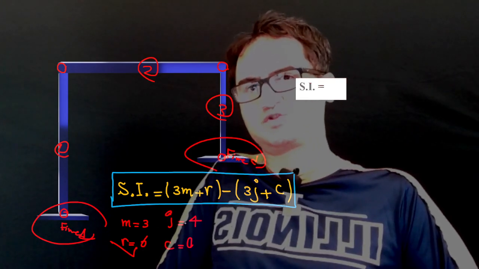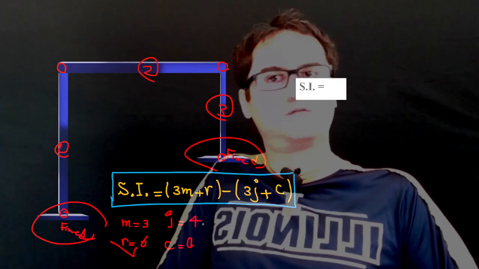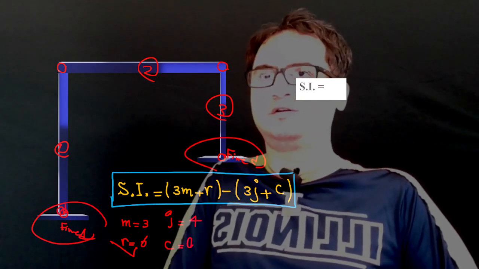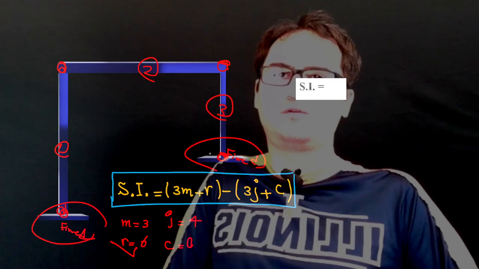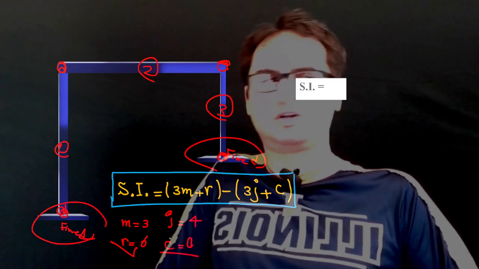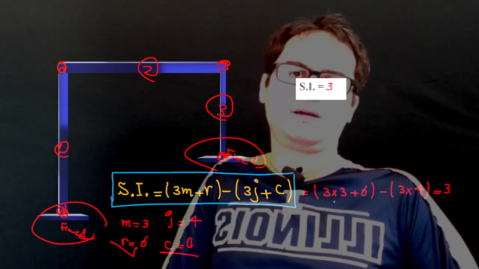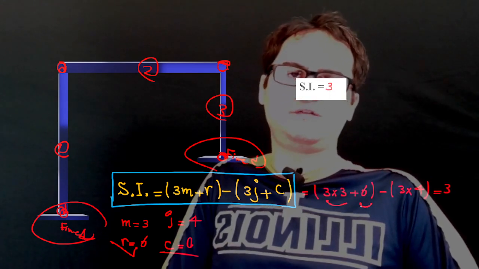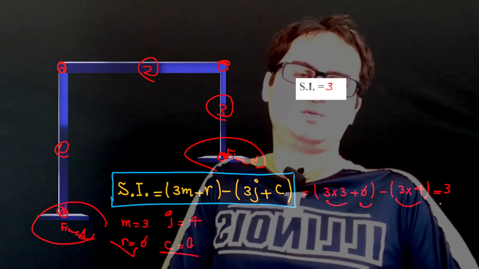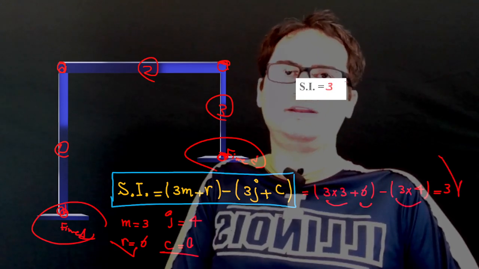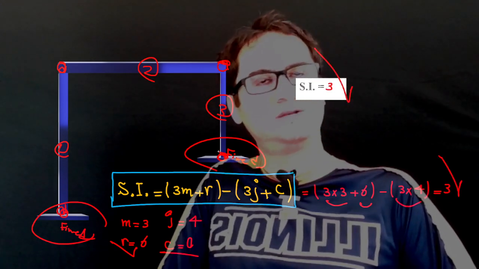J, the number of joints, is equal to 4. And special condition, we don't have any internal hinge, so 0. So that's 9 plus 6, 15, minus 12. That's 3 degrees of static indeterminacy.